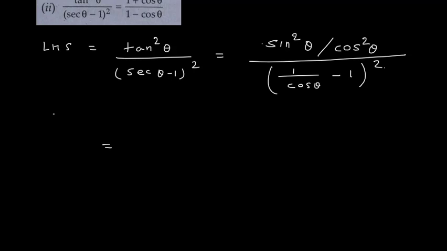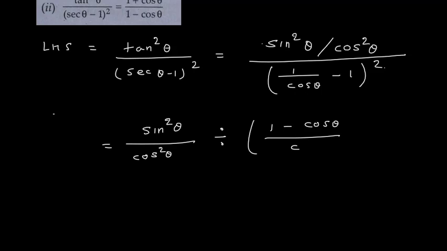So this is your sine square theta upon cos square theta. Now this I will write as divide by, here it is 1 minus cos theta, cross multiplication we will do, upon cos theta the whole square.